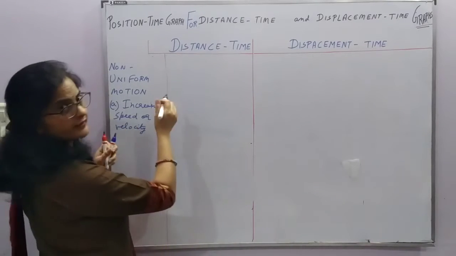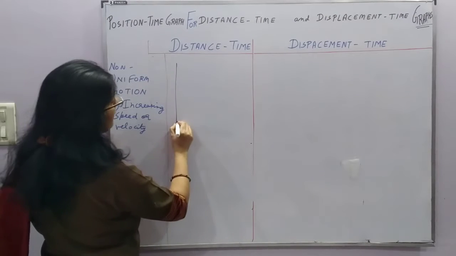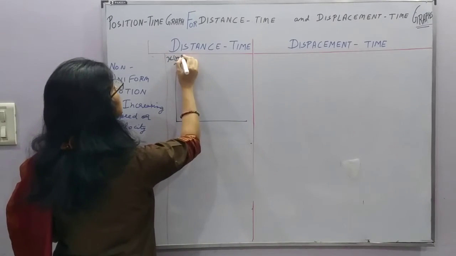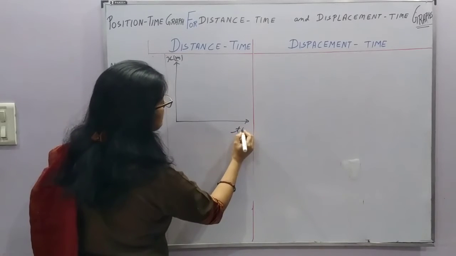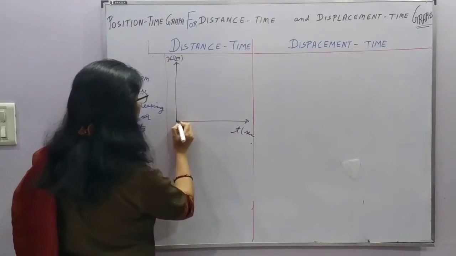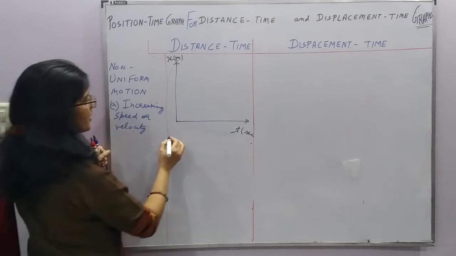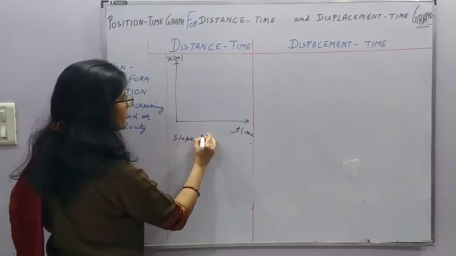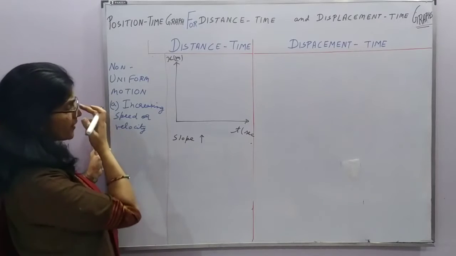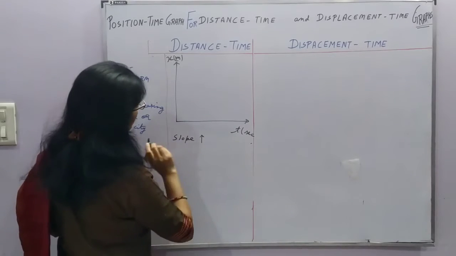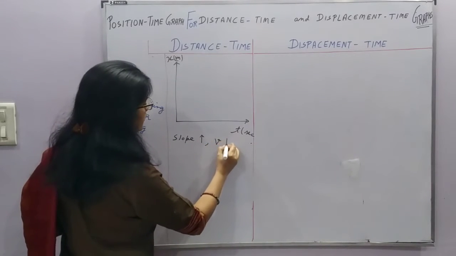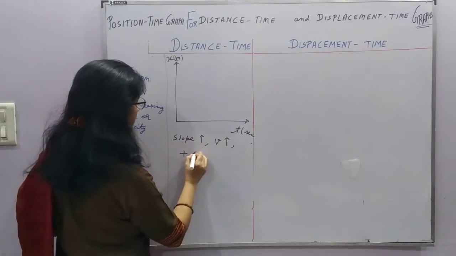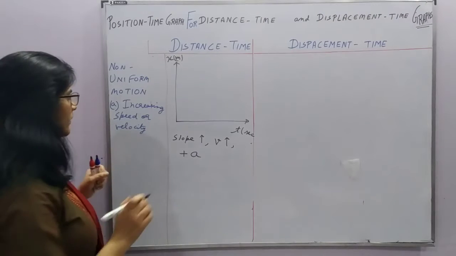In this case, if we are considering increasing speed or velocity, then we will have to draw a graph like this. We know that the speed is increasing. That means the slope of the x-t graph increases with time, that means velocity is increasing, and that means positive acceleration is there.